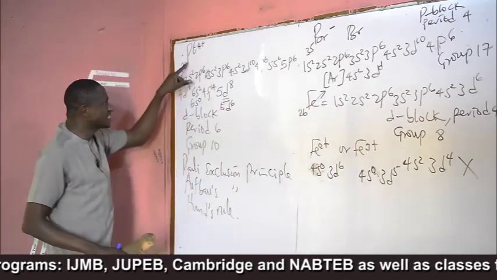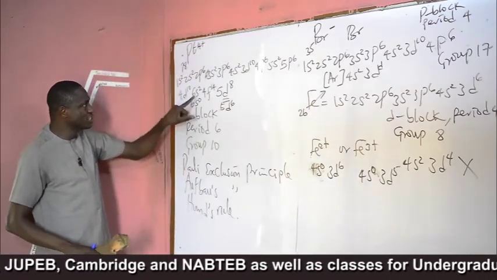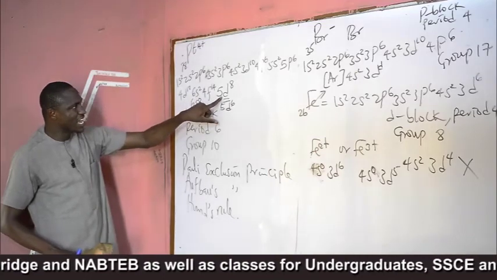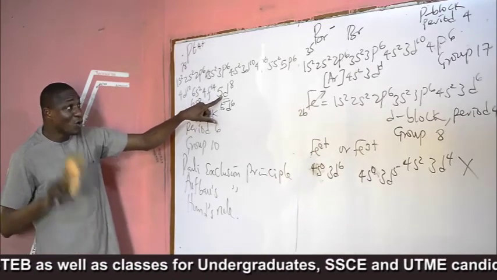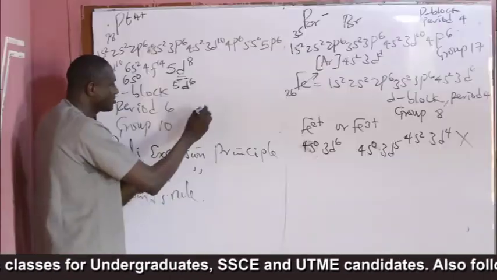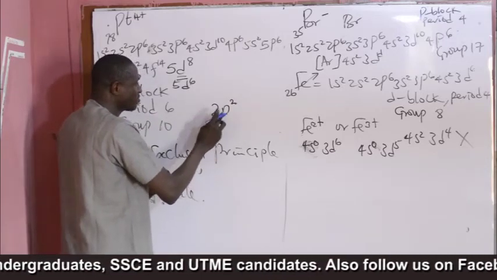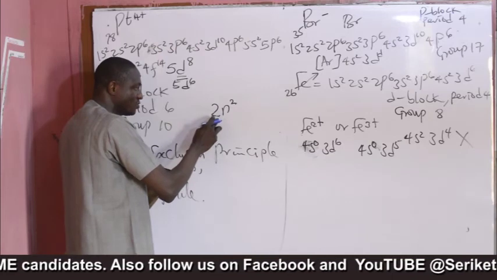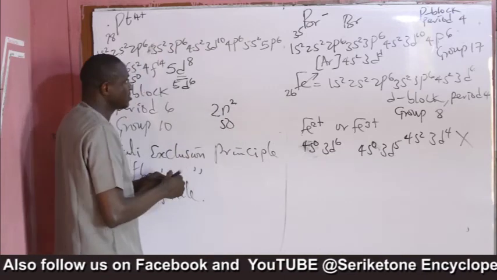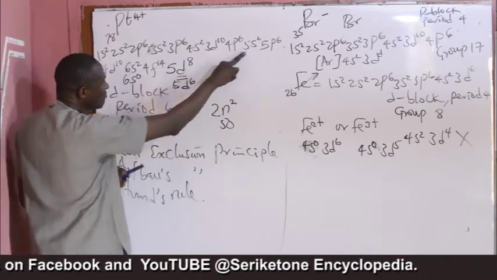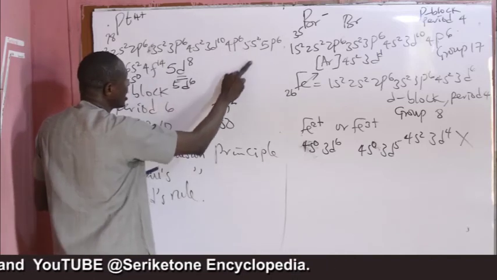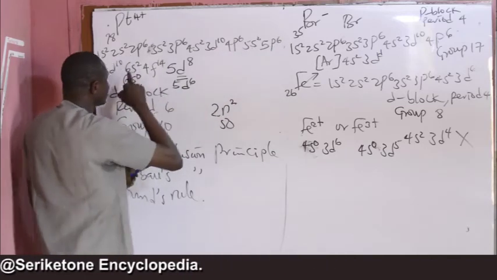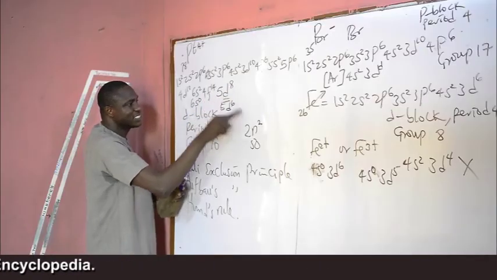If you look at platinum, for instance, for the neutral atom, let's look at shell 5, which is the O shell. How many electrons can it take maximum? 2n squared. 5 squared is 25, times 2, will give us a total of 50 electrons. If you look at this, you have 5s2, 2 electrons here, plus 6, that's 8, plus another 8 here, 16.